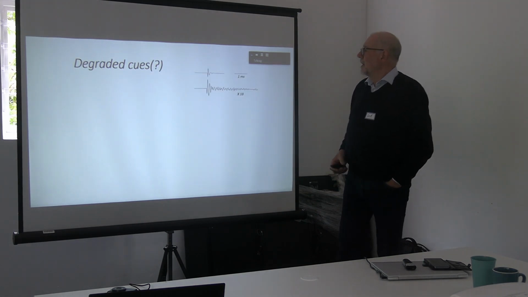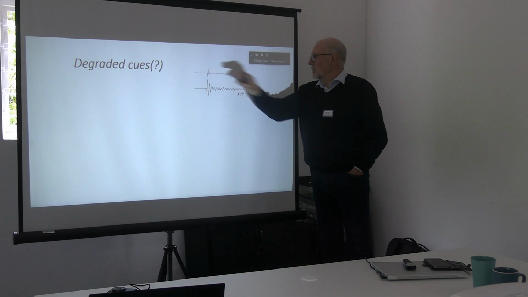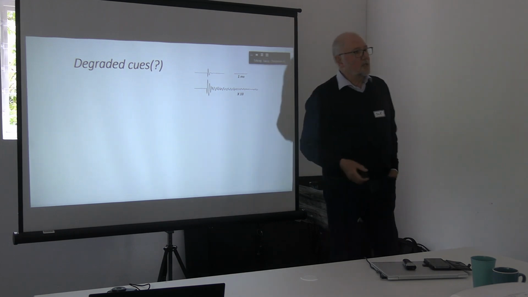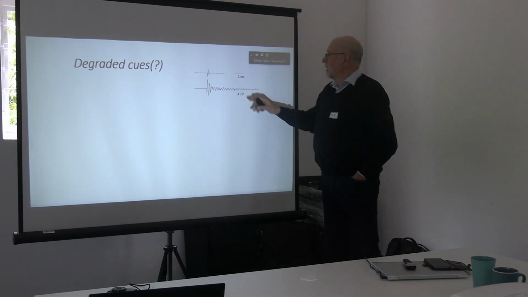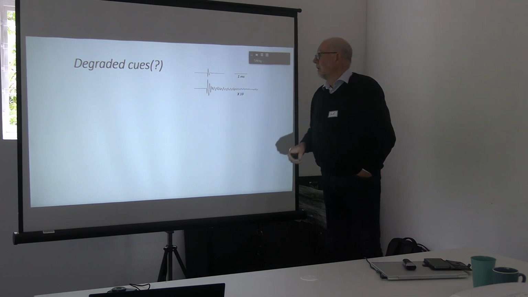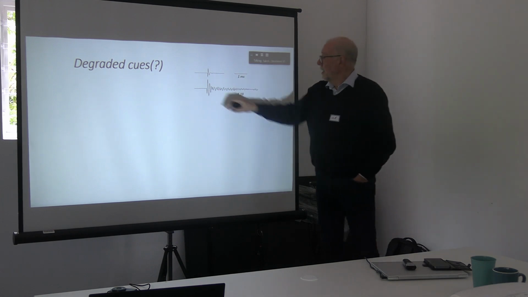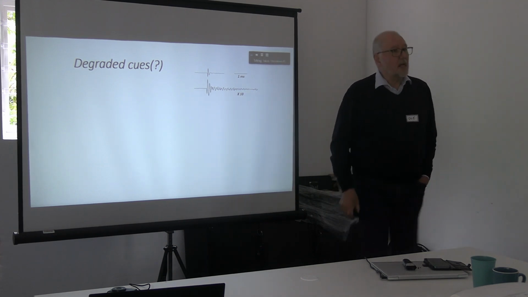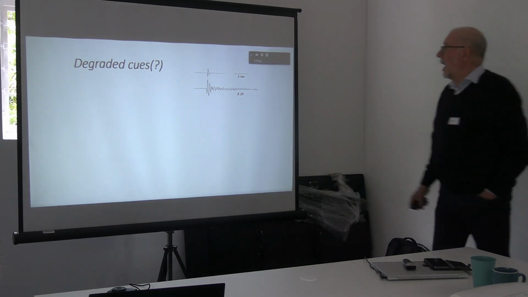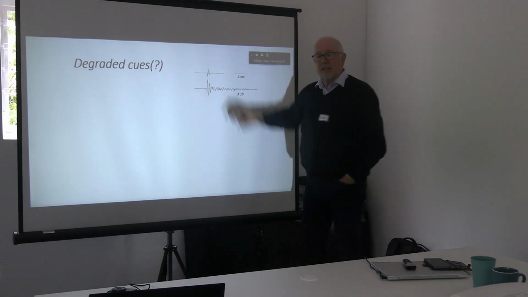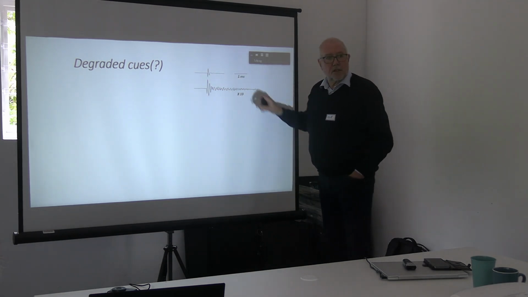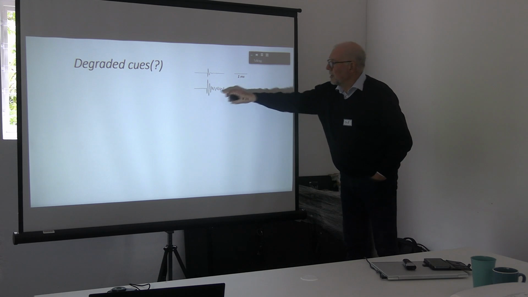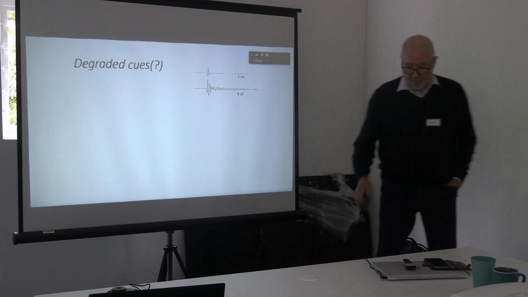Cues can also be degraded. For instance, if you take a pulse like this, send it through some vegetation and record it just a few meters away, you see a sound that is attenuated 10 times or 20 dB, and it's not just the primary sound that you send out, but lots and lots of echoes, such a trailing tail.